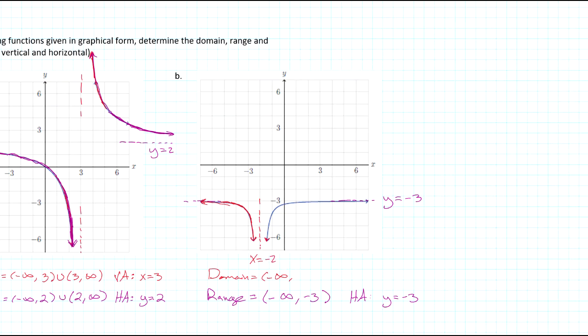And then they skip over -2 from the right side. The x values are moving left towards -2, but never reach it. But then after that, the x values can be anything bigger than -2 as we move off to the right and out towards infinity. So the domain is -infinity to -2, along with -2 to infinity. And the vertical asymptote is at x equals -2.